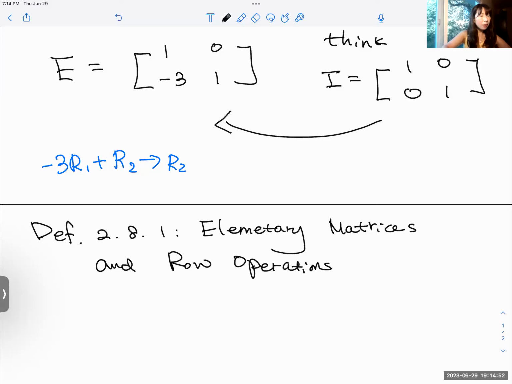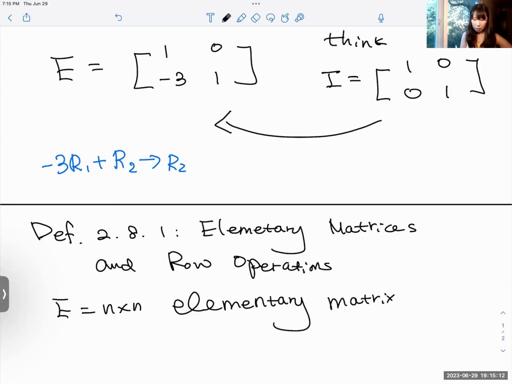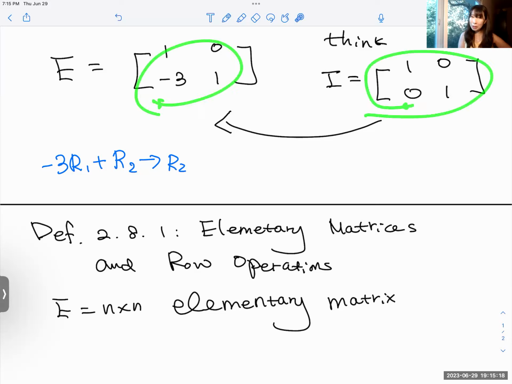Okay, an elementary matrix is always a square matrix, so E is n by n. And we denote it as an elementary matrix when we are thinking about, from the identity matrix, what kind of row operation we did to get this one, right?